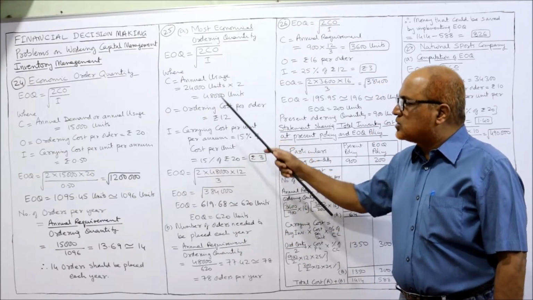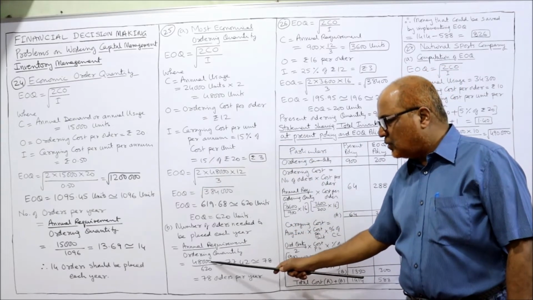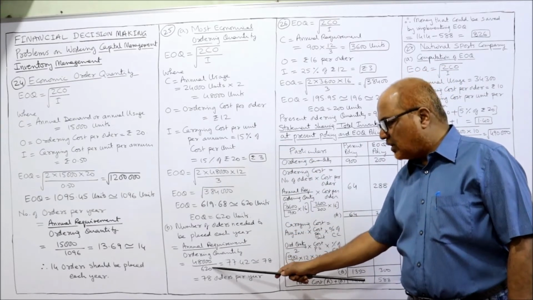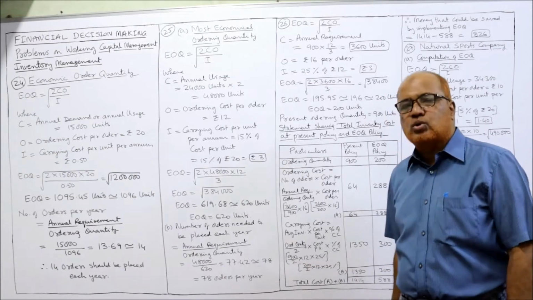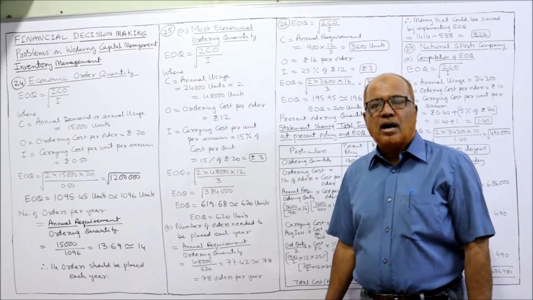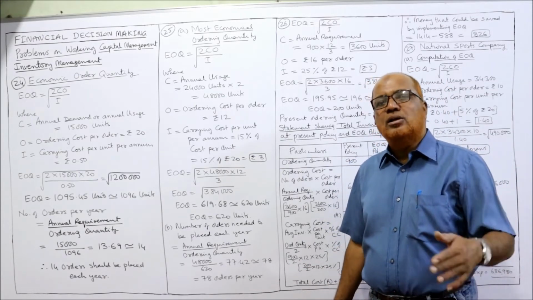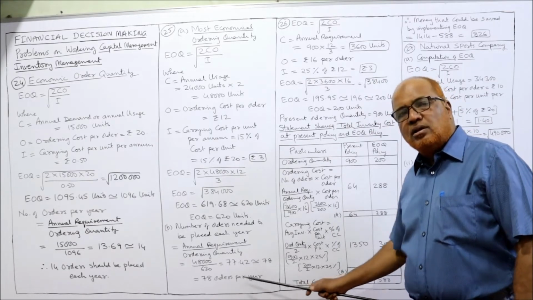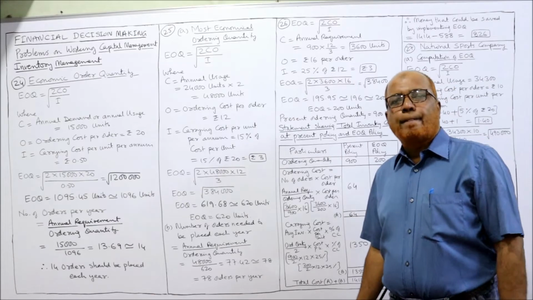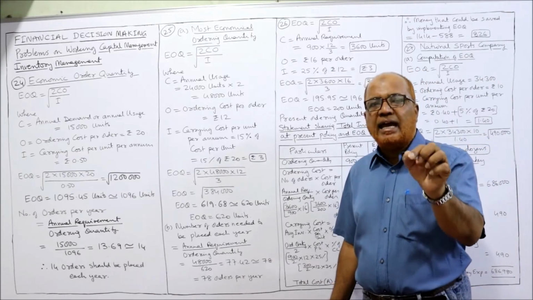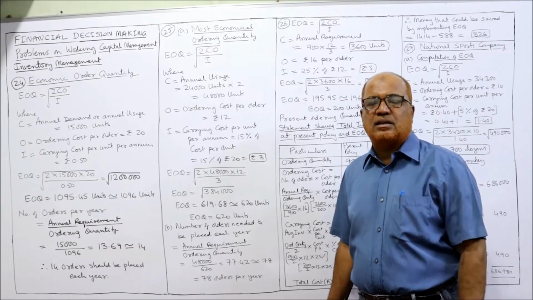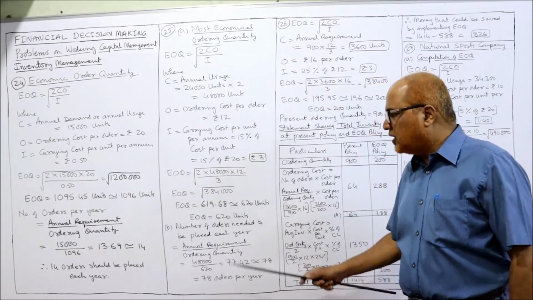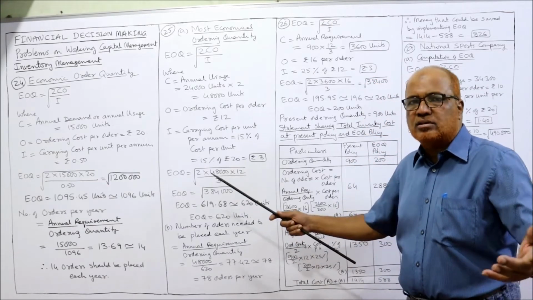So 48,000 divided by 620, 77.42 orders. Again, orders cannot be in fraction, so we can round it off, equivalent to 78 orders. So the second answer is, in 1 year, 78 orders should be placed. Each order, the quantity should be 620 units. That's it.